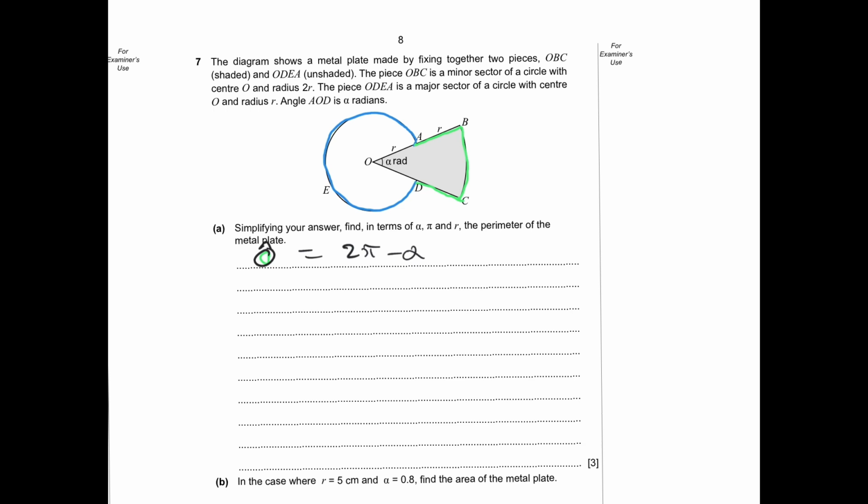So for the length of AED, which is the part in blue there, remember the formula is r theta, r being the radius, so it's obviously r, and then theta the angle.